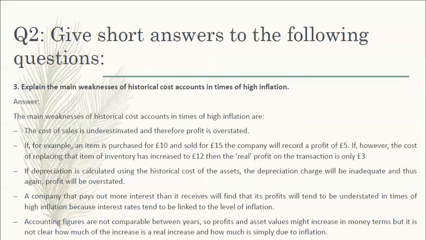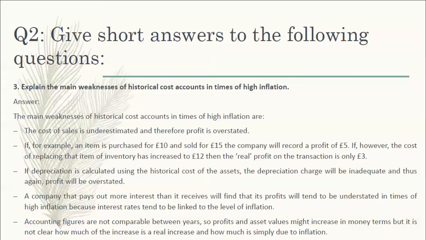So the first main weakness is that when the cost of sales is underestimated, the profit will be overstated. Second, as we mentioned by example, if an item is purchased for £10 and sold for 15, the company will by logic record £5 as a profit, the difference between the sold and purchased amount. However, the cost of replacing that item of inventory has increased from 10 to 12.